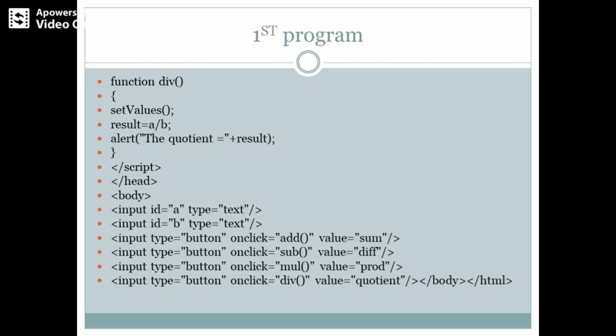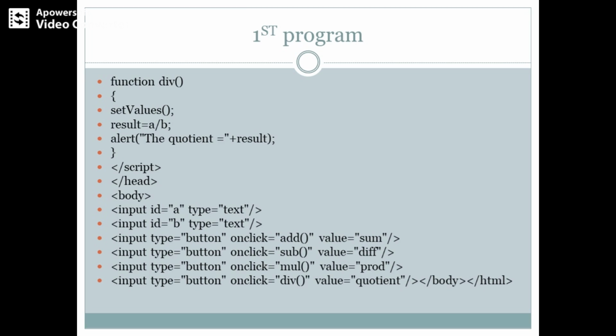The same thing is applied to subtraction, multiplication and division. So these things are written in the body tag itself. So these all will be displayed in the HTML page, but the functionalities will be calculated internally, it will not be displayed. So that is the meaning of interpretation.